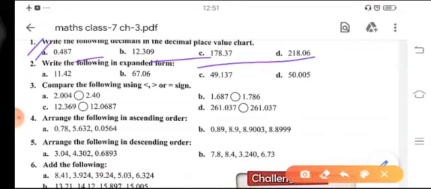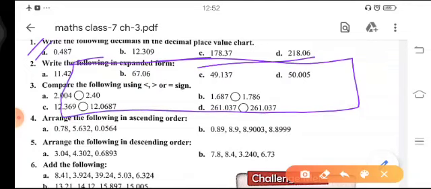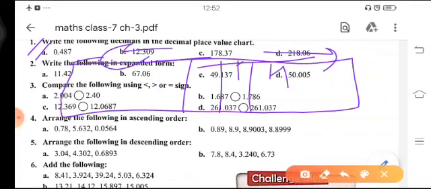How do you make the place value chart? First, in the middle you make a table like this. In the middle column you make the decimal point. On the right side of the table you make the decimal parts like tenths, hundredths, thousandths and so on, and on the left side you make the columns for the whole numbers like ones, tens, hundreds, thousands and so on. After that you write the digits in these columns.